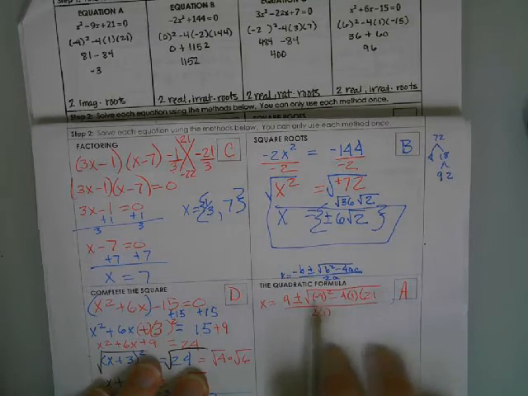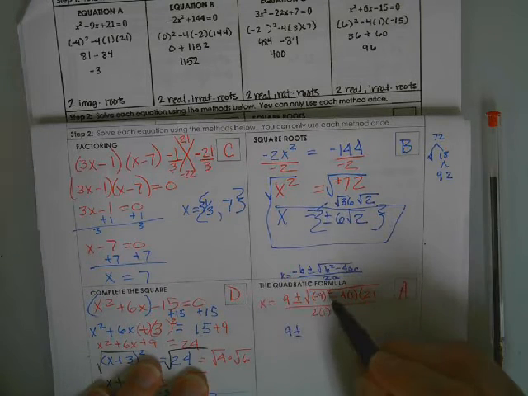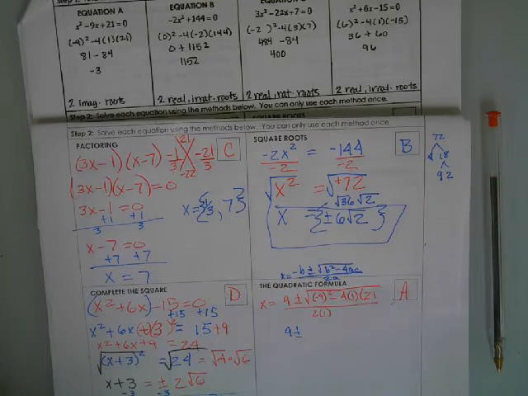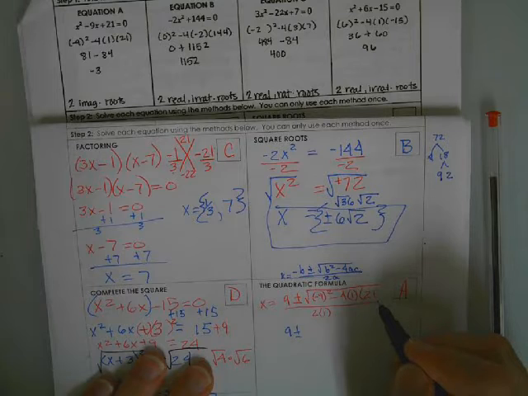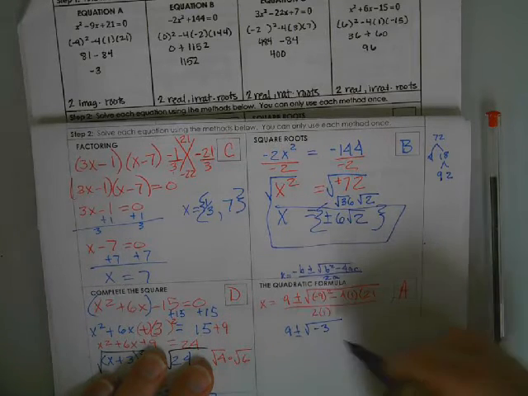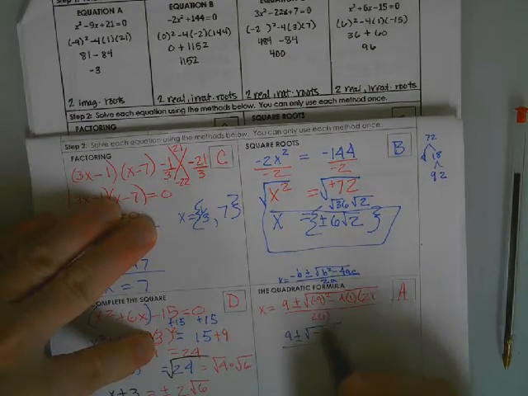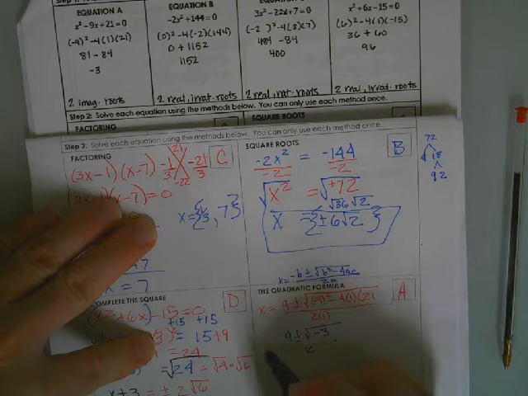So we first figure out what's under my radical. So I have 9 plus or minus, this is 81 minus 4 times 21 is 84. So 81 minus 84 is negative 3. And that's all divided by 2 times 1, which is 2.